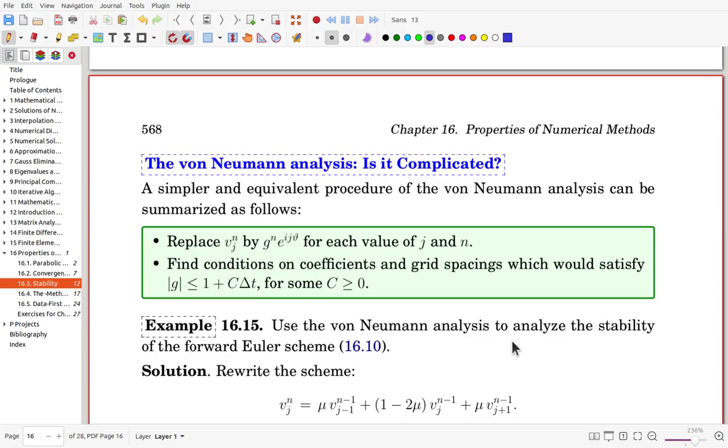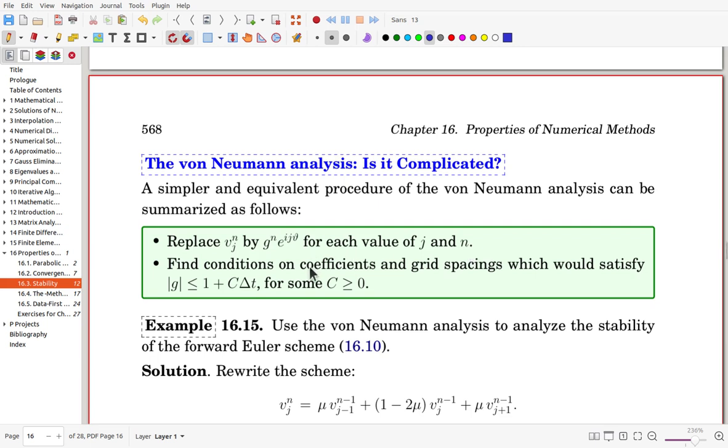So let's review the technique, the von Neumann analysis. Then it can be much easier to use. First of all, you replace V_j^n by g to the n times e to the i j theta for every j and n.